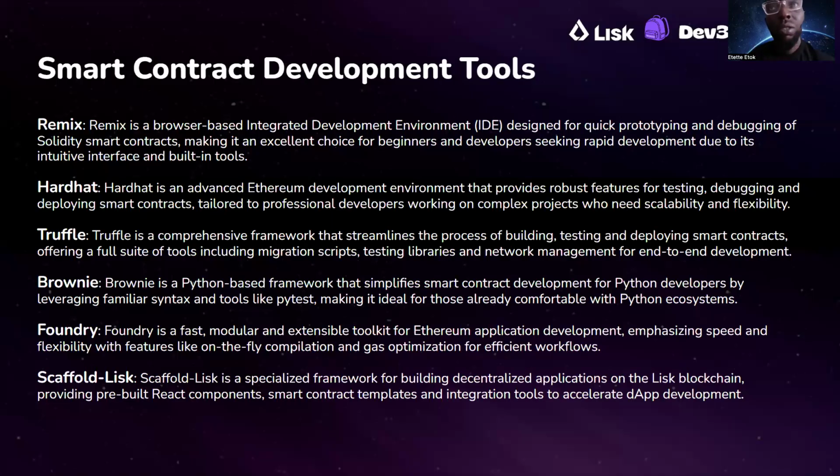The framework takes care of most of the heavy lifting for us, meaning that it gives us a UI which we can customize, a UI we can use to interact with our deployed smart contract. We can also write our smart contract directly in the framework, and then we can deploy one or multiple smart contracts, all using the Scaffold Leaks framework.